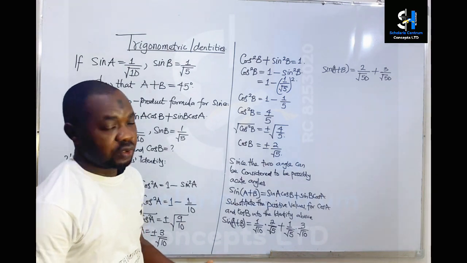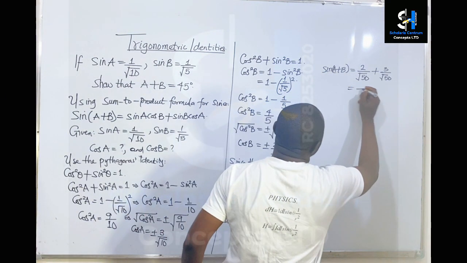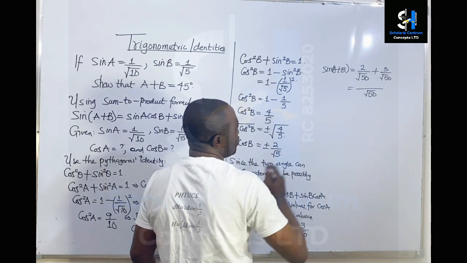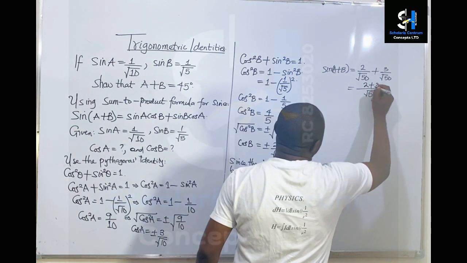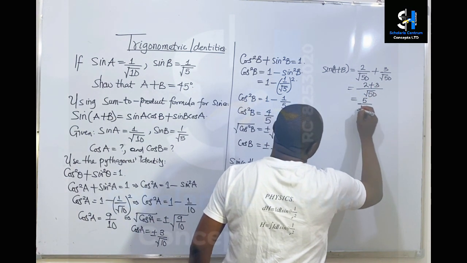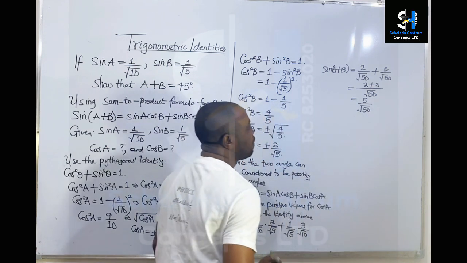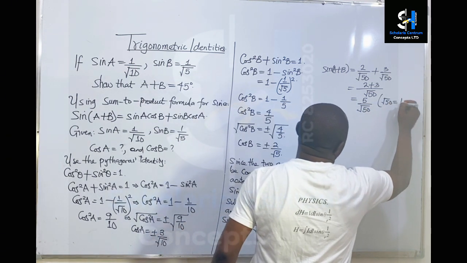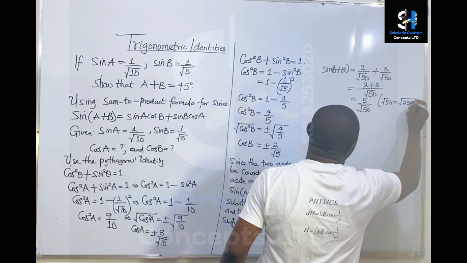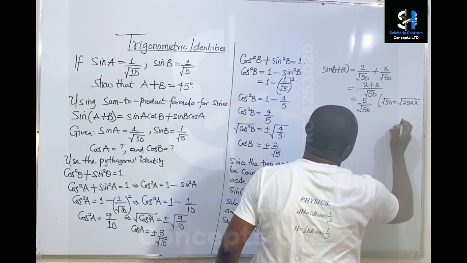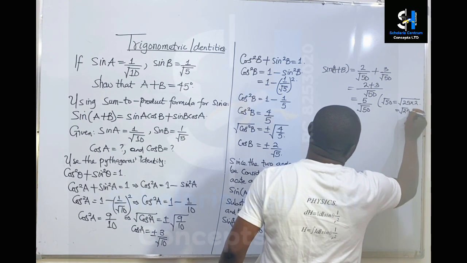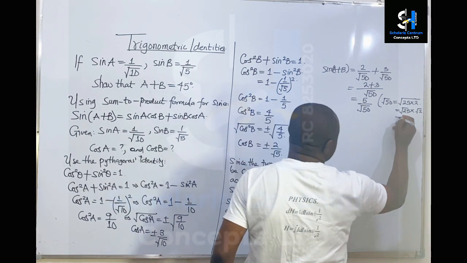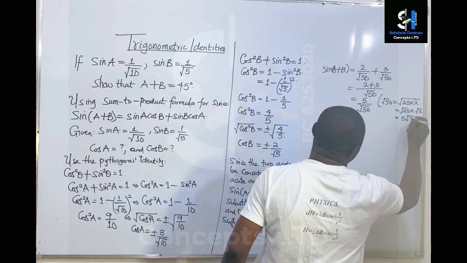Now, same denominator, so we can add the numerators. We have root 50 as a common denominator, so we then have 2 plus 3, that's 5 over root 50. Now we know that root 50 is the same as root 25 times root 2, which is the same as 5 root 2.